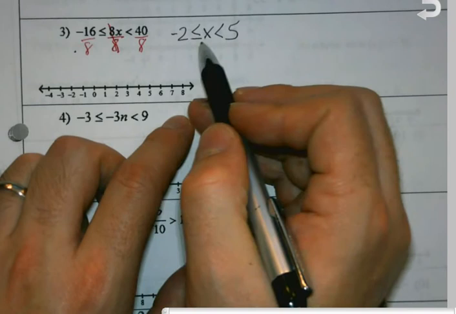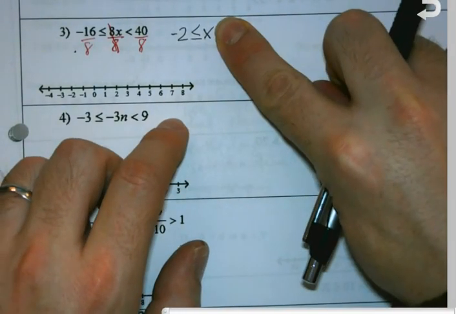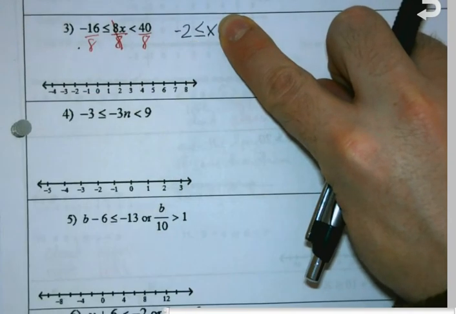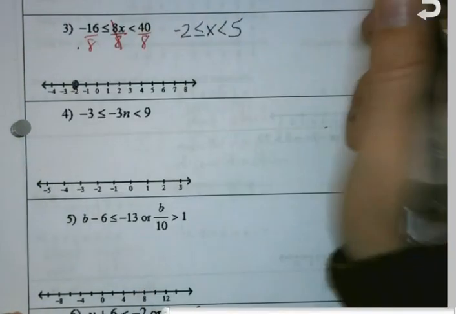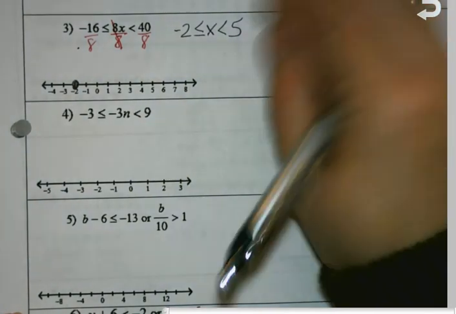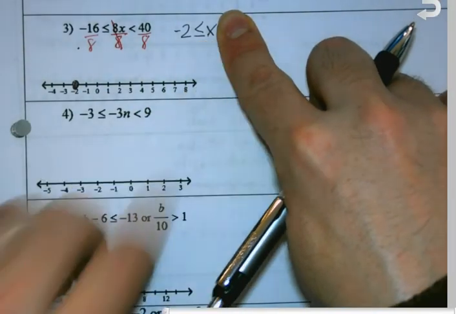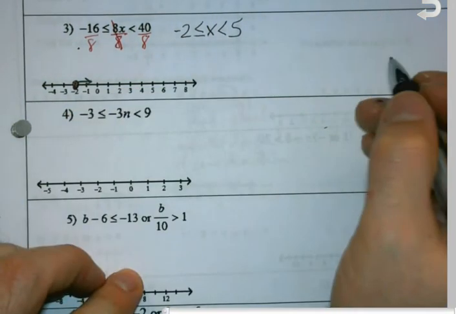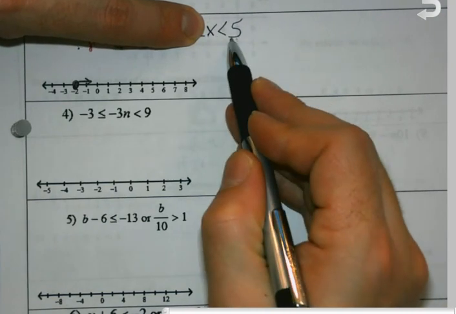You're like, okay, so if I cover up this part, what type of circle am I going to have at negative 2? Closed. Closed at negative 2. Then I look again and the arrow's eating x, so that's greater, so that's to the right. And I cover that up. Open or closed at 5?